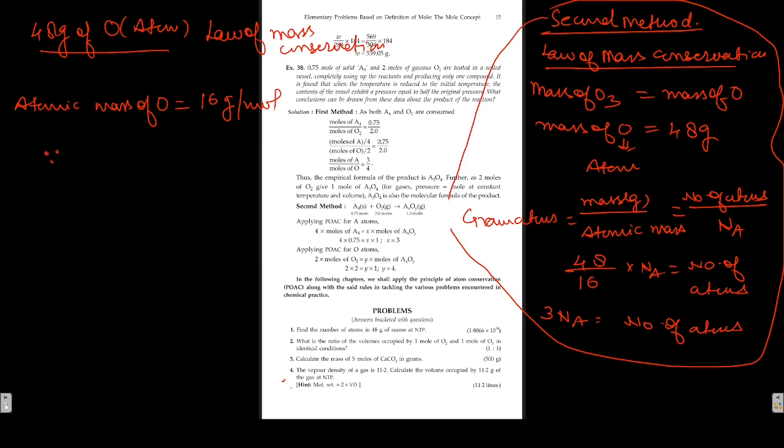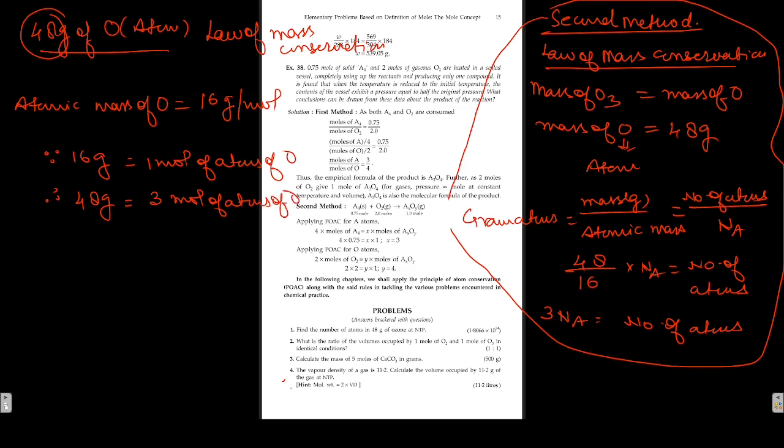It means 16 gram is equal to 1 mole of atoms of O, so we can say this given 48 gram will be equal to 3 moles of atoms of O, and we can say it is 3 Na atoms of O. This is the third method that I told you.